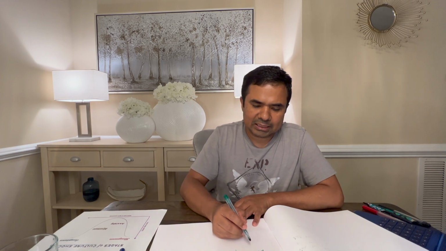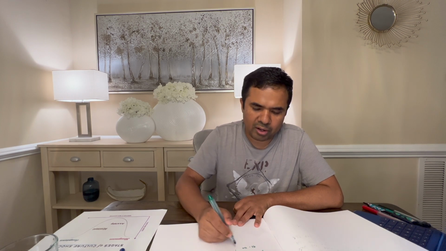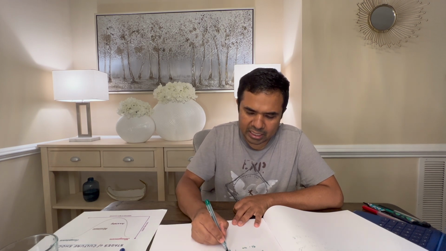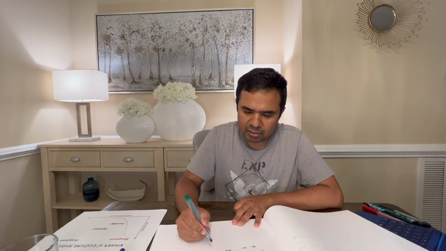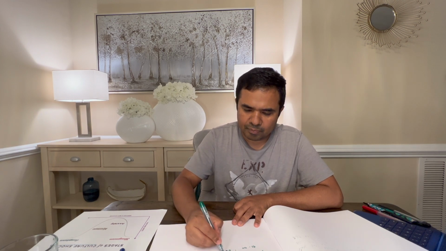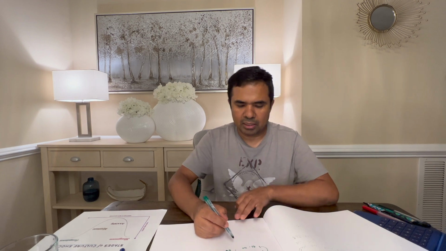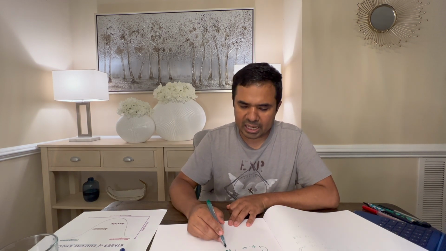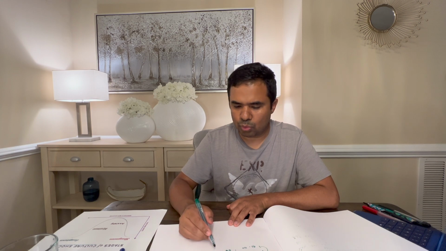What that means is that for that class, in order to get an A, I think it is 90 to 100 is A, and 80 to 89 is B. It may be 91 to 100 is A, and then 81 to 90 is B.